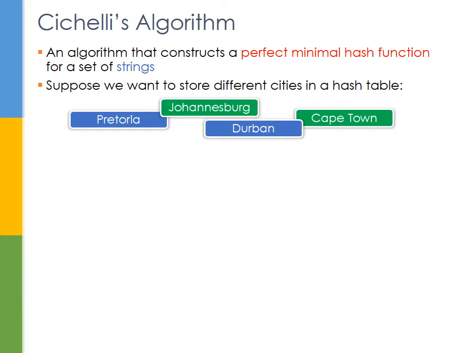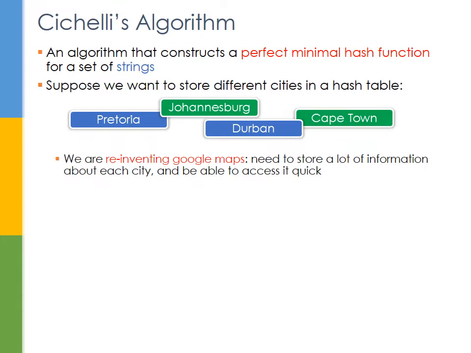And cities are a good example, or provinces in the country are a good example. So let's go with cities. Let's go with just a couple of major South African cities and try to create a perfect hash for them. Because I have exactly 4 cities, I obviously want to have a hash table of size 4. I do not want any unnecessary space. I do not want to waste any memory.